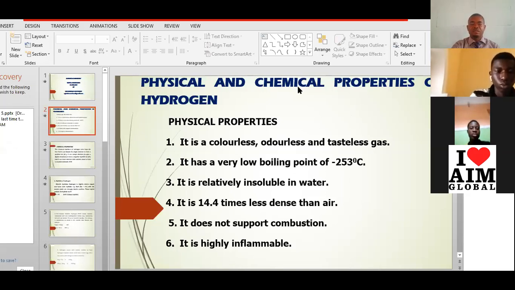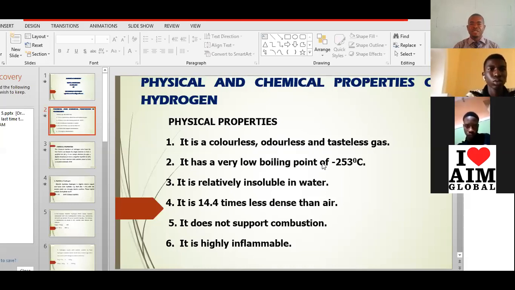These are the industrial preparations of hydrogen that we discussed the other time. The water gas, we said, is the mixture of equal volumes of carbon monoxide and hydrogen gas. We use it to prepare hydrogen on a large scale industrially. Today we are going to talk about the physical and chemical properties of hydrogen.